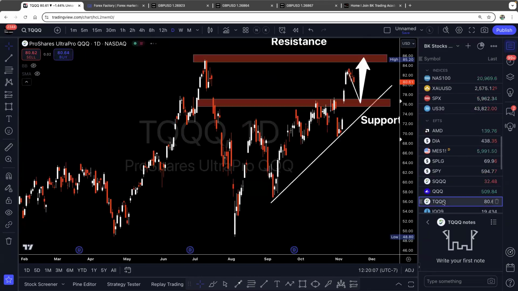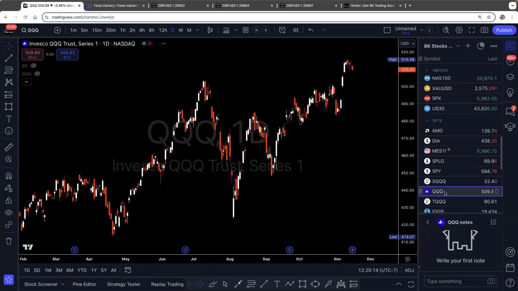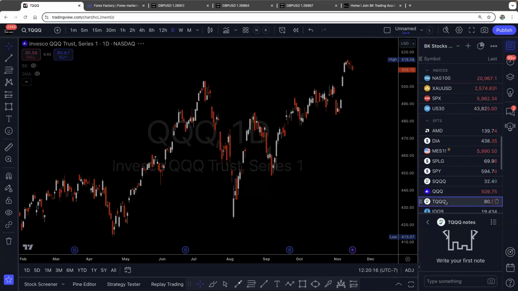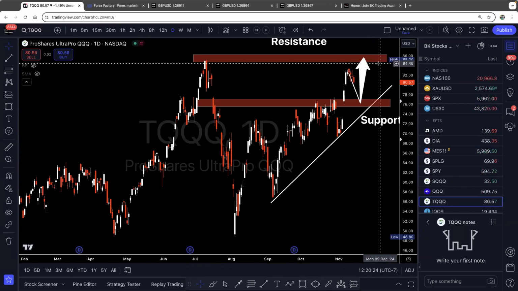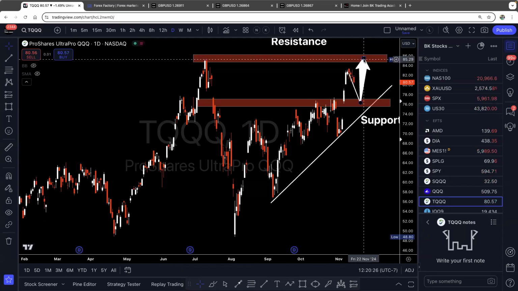Okay. Even TQQQ. You see it in my area here. This is the ETF, the exact same thing. QQQ, TQQQ. TQQQ is a fraction of QQQ. It's trading at $80 a share, in other words. Okay.